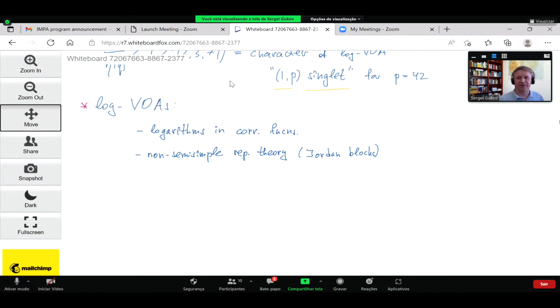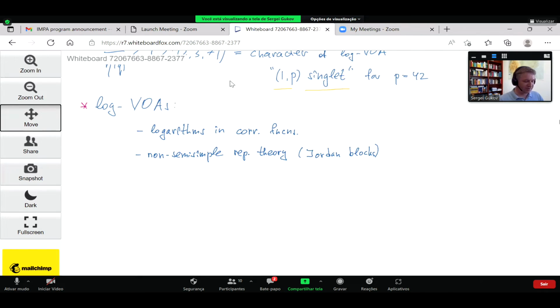In other words, we have projective representations. So thinking about these Jordan blocks is kind of analogous to having logs. They're monodromies, in other words. You can think about it this way from the Knizhnik-Zamolodchikov perspective.